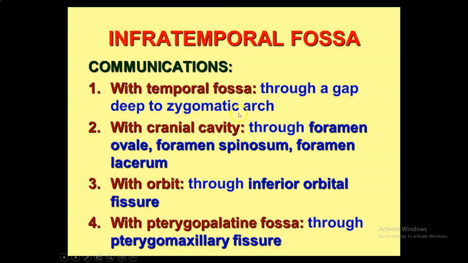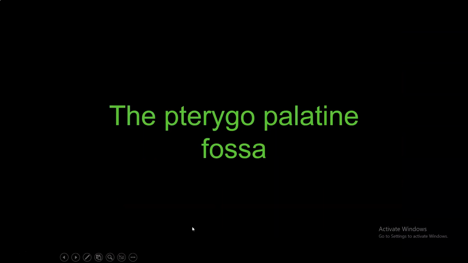So these are the four communications of the infratemporal fossa: above superficial with the temporal, above deep with the foramina, anteriorly inferior orbital fissure with the orbit, and deep or medially with the pterygopalatine fossa through the pterygomaxillary fissure.